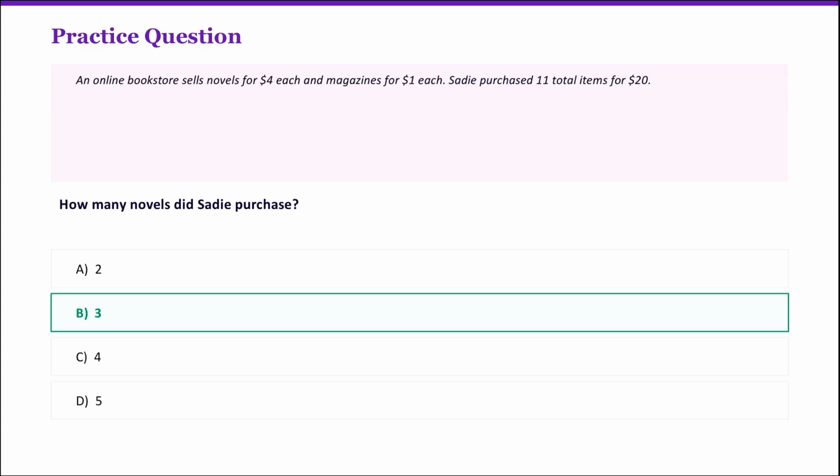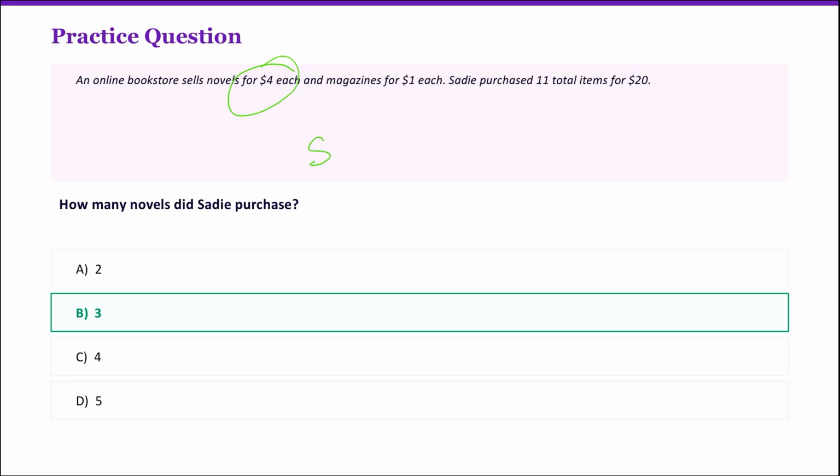So she sells one novel for $4. So we know whenever we see for $4 each or $4 per novel or some kind of reference to a rate or a price, per piece or per unit, we know that corresponds to our slope. So in this case, we have essentially, let's call it the selling price.